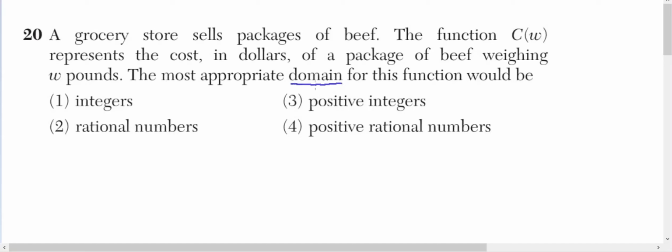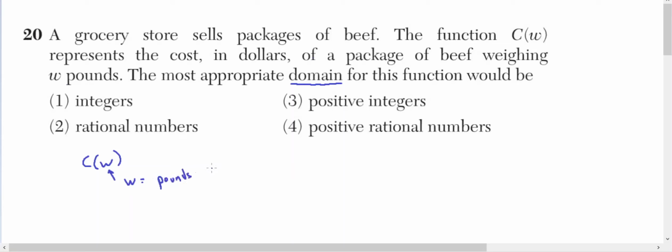And recall that the domain is the set of valid inputs for a function. So if C of W is the function, the input is, of course, W, which represents pounds, a package of beef weighing W pounds. So W is measured in pounds.